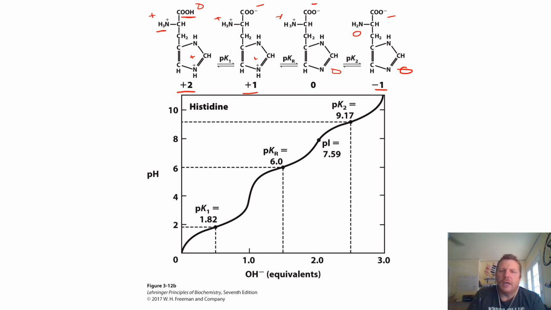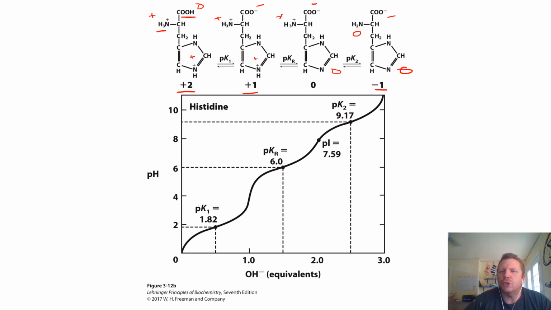Now, here we've got our titration curve. This shows all of those values. The pK1 is 1.82, the pKa for our R group is 6.0, and then the pKa for our N terminus is 9.17.